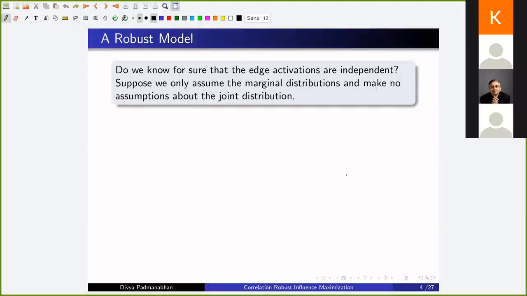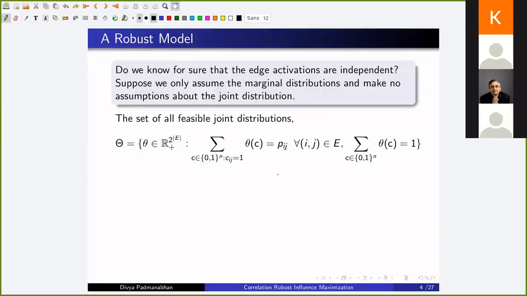So what we do is we only assume the marginal distributions, the Pij values, and we don't make any assumptions about the joint distribution. What does that mean? What we assume is only this value Pij, and now we have a family of joint distributions rather than a single joint distribution.